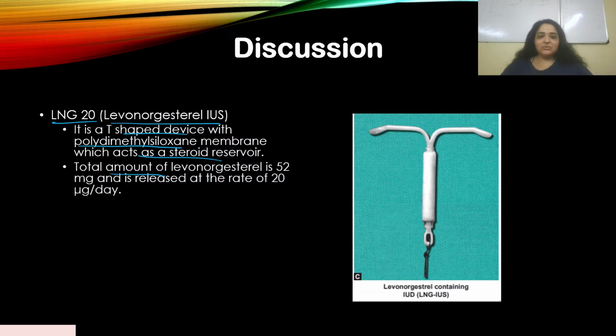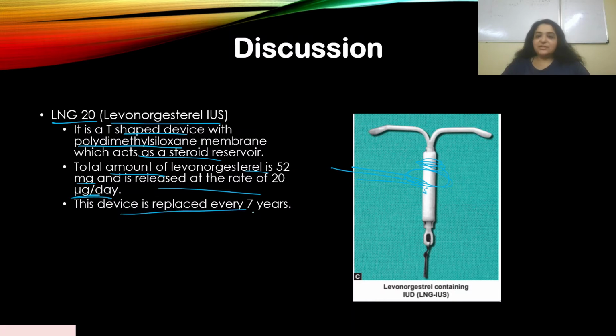The total amount of levonorgestrel is 52 mg and it is released at the rate of 20 micrograms per day. So the device is replaced every 7 years.